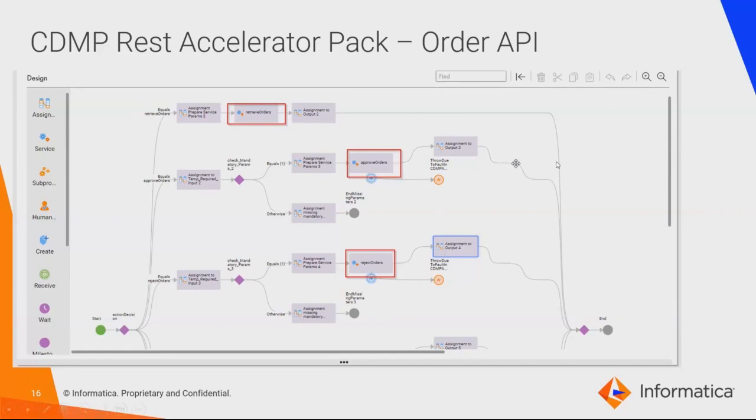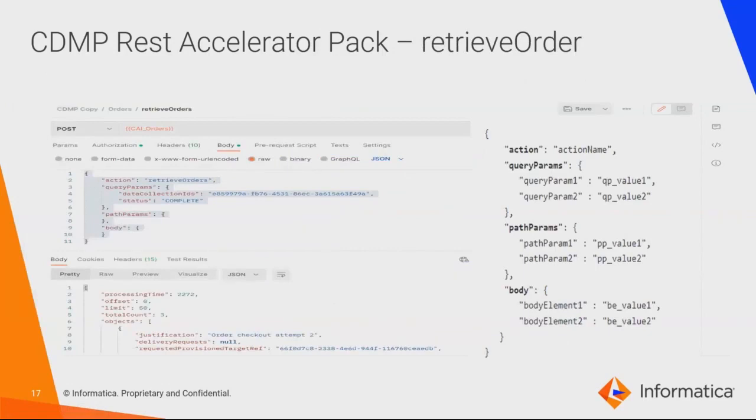And we publish this process from CAI, and for the same order API, we would have the Postman collection where you would see the action retrieve orders or different kinds of actions, let's say fulfill, approve, cancel.